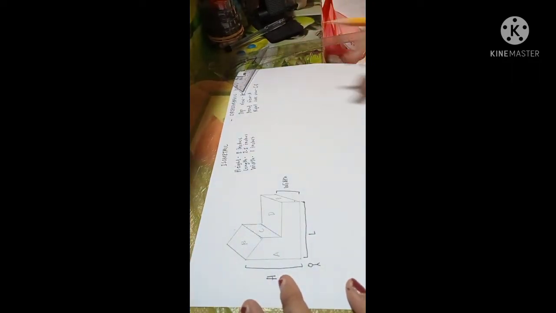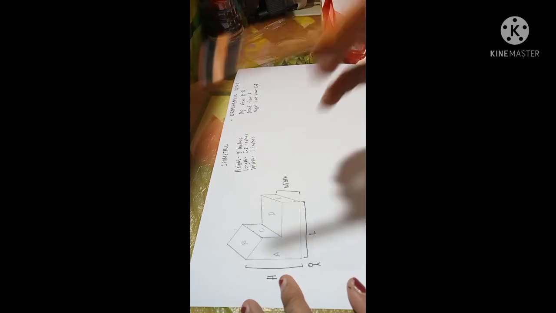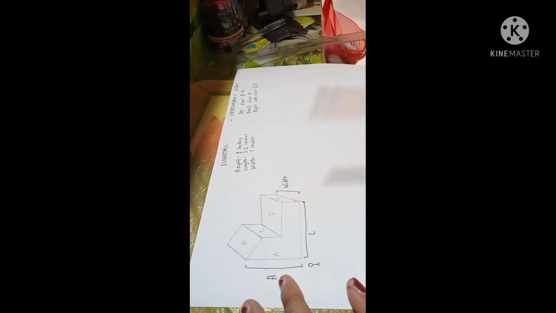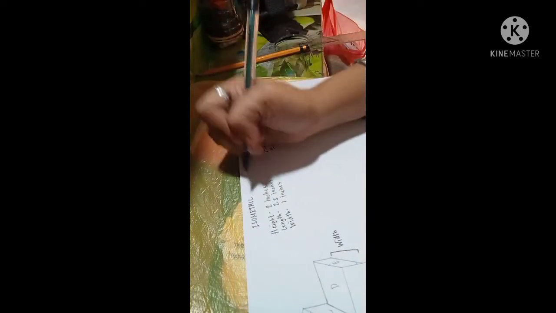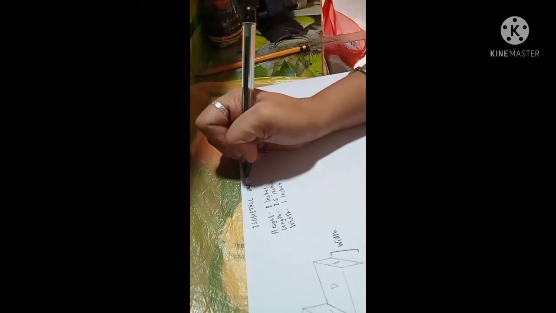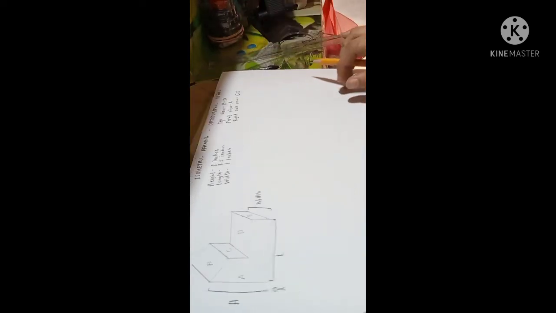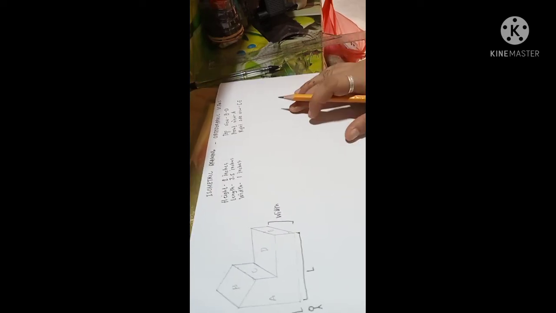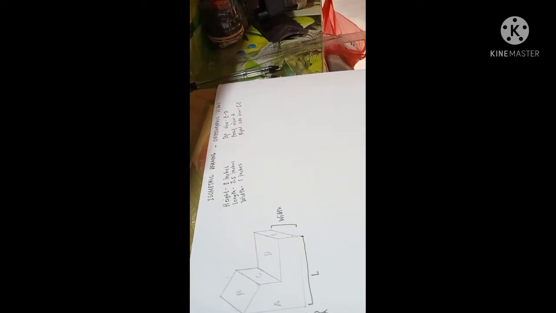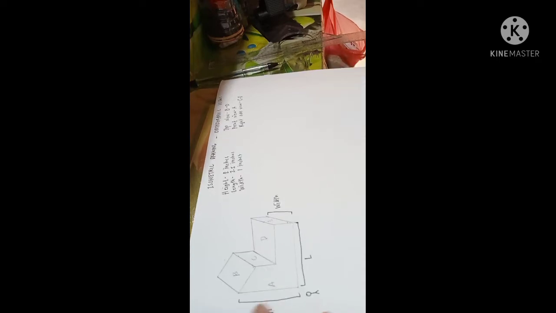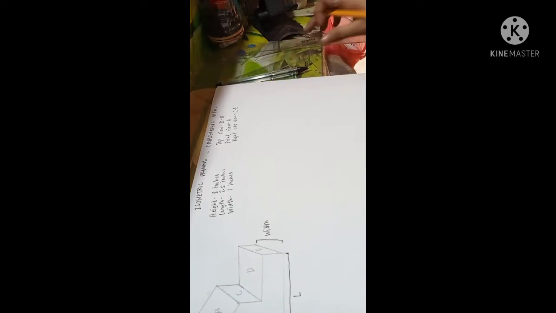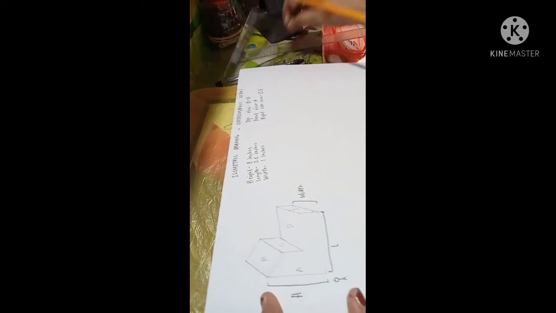In order to draw orthographic views, we still really need to base on the isometric drawing. So, first thing to do is the front view. To draw an orthographic front view, we need to base here.